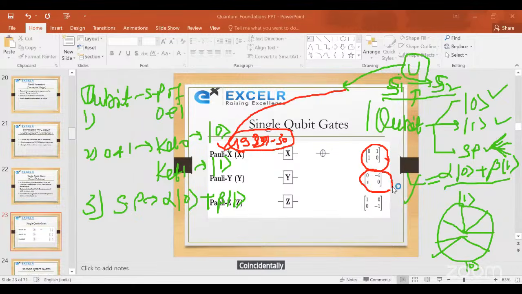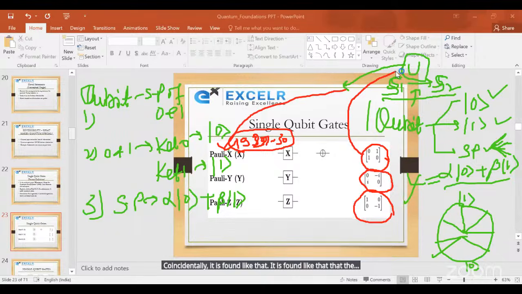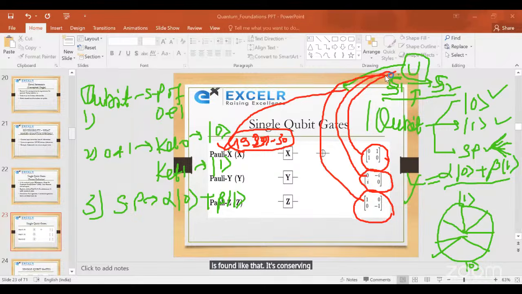Coincidentally, it is found that it conserves our requirement. All these three, the Pauli X, Y, and Z, are very eligible for our parameters.